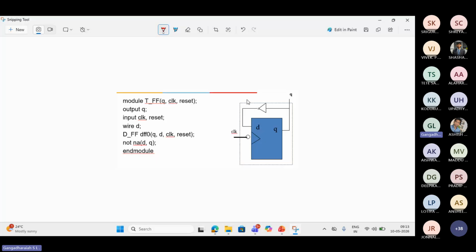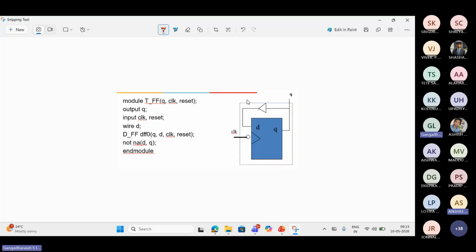Of course, SV is emerging as a very good synthesis language now. Before and now also, it's a very good language for verification, but now it's emerging as a powerful synthesis language as well. Many companies are into RTL design using SV now. Did I answer your question?